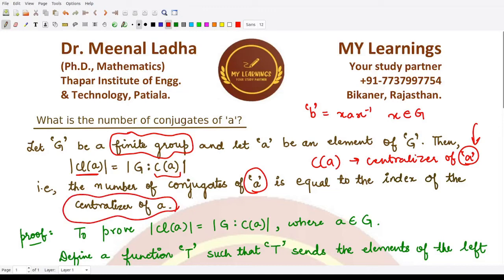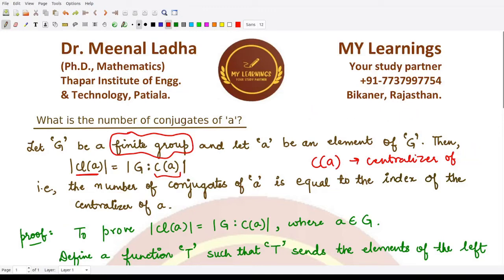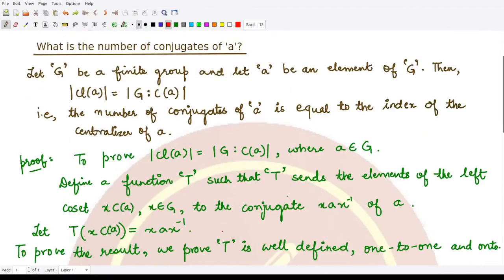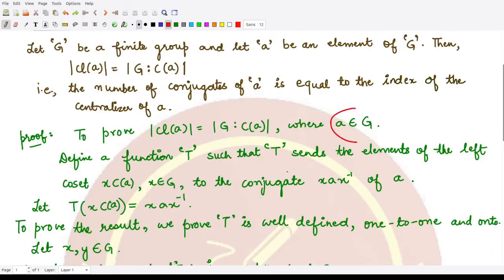Now, in order to prove this result, what are we required to prove? We are required to prove that the order of the conjugacy class of A is equal to the index of the centralizer of A in G, where A is some element in G. For that, we define some function T such that T is a bijection: it is one-to-one and it is onto, and T connects both of them.